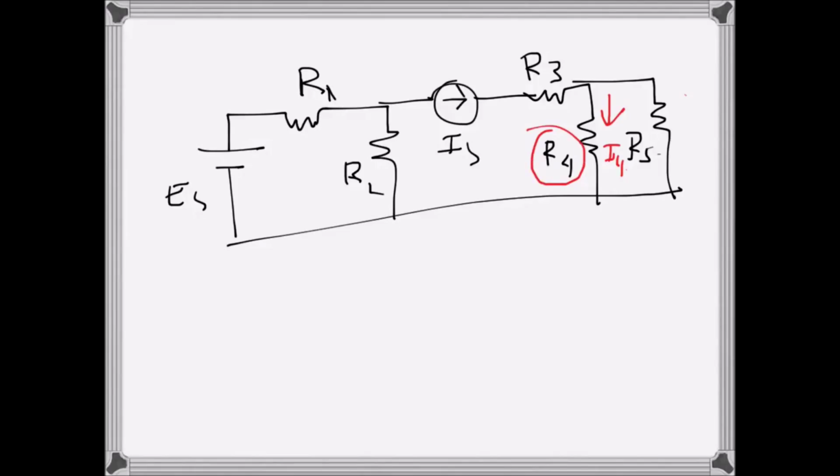So we will open the circuit here, disconnect it here, so that is removed, and when it's removed we have an open circuit there. First we need to find the equivalent.